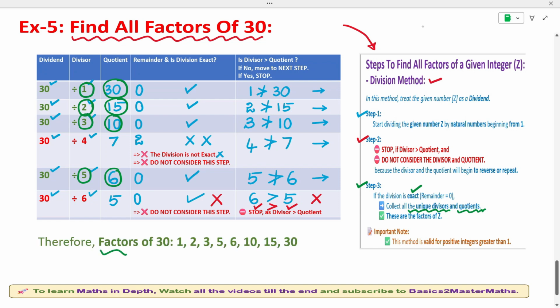Therefore, factors of 30 are 1, 2, 3, 5, 6, 10, 15, and 30.